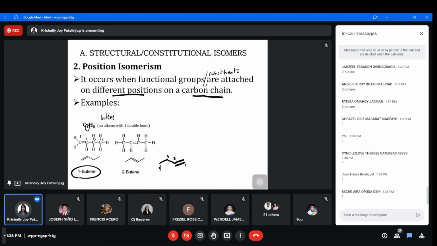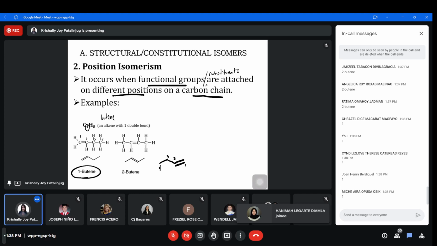Now, you will observe na parehas sila ng functional group present. Di ba? Parehas sila ng functional group present, only that magkaiba yung position ng functional group. Magkaiba ba yung position ng double bond? Yung sa unang molecule nasa carbon 1, sa pangalawang molecule nasa carbon 2 na.